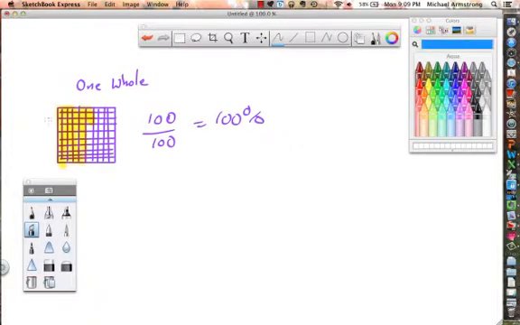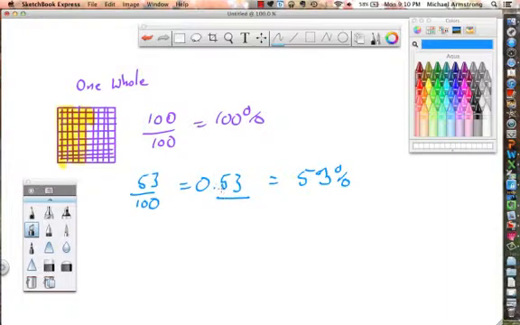Each column is 10. So we've got 10, 20, 30, 40, 50, 1, 2, 3. So this is 53 out of 100. It's 53 hundredths, which, as a decimal, looks like this. But it also happens to be 53%.